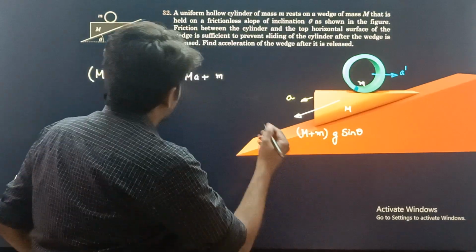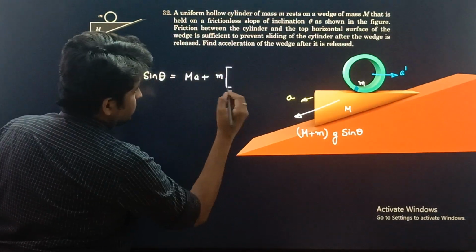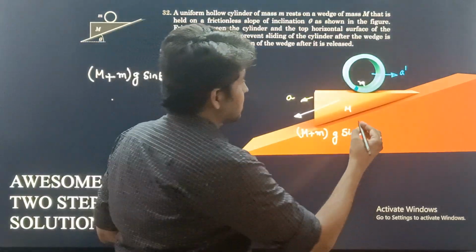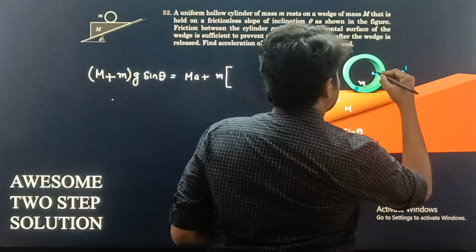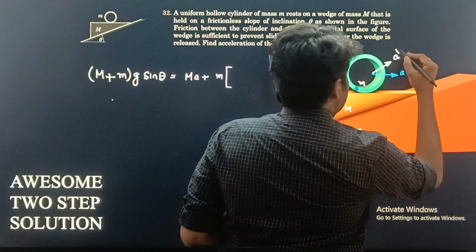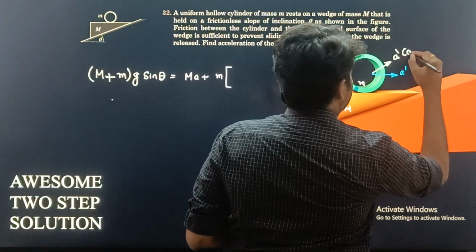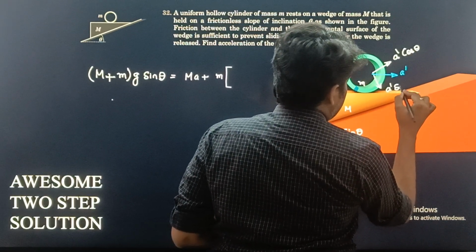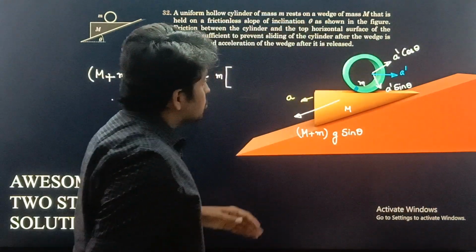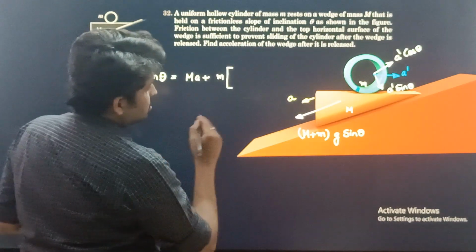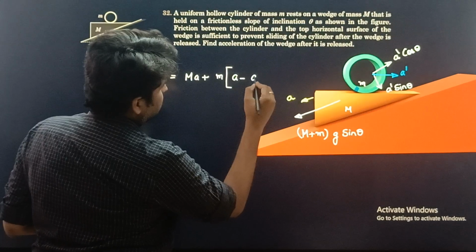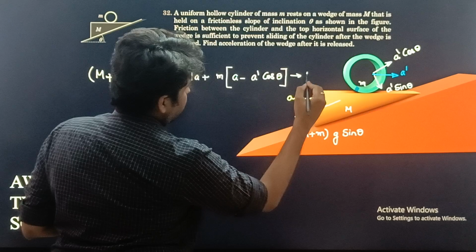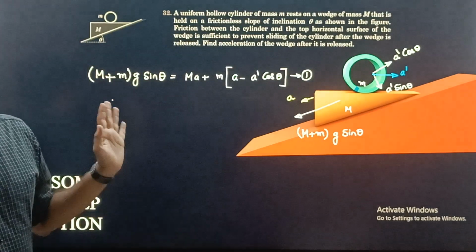So what does that tell me? If I resolve this A dash into two components, we'll have this as A dash cos theta, and in this direction we'll have this as A dash sin theta. So in this direction the acceleration of this is A minus A dash cos theta. This is the first equation.